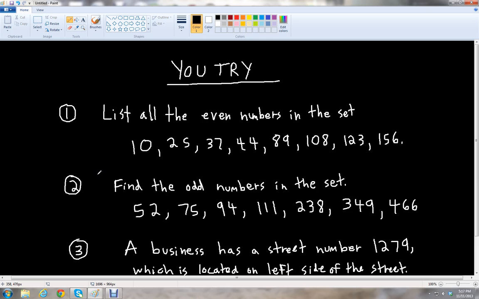And then number 2, find the odd numbers in that number set: 52, 75, 94, 111, 238, 349, and 466.